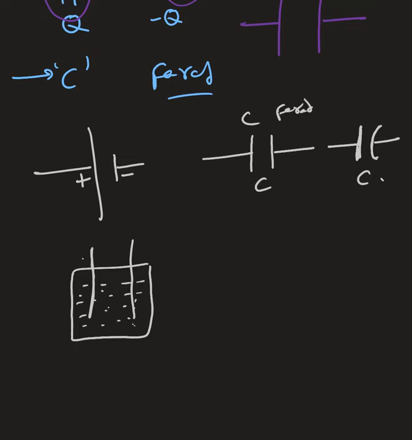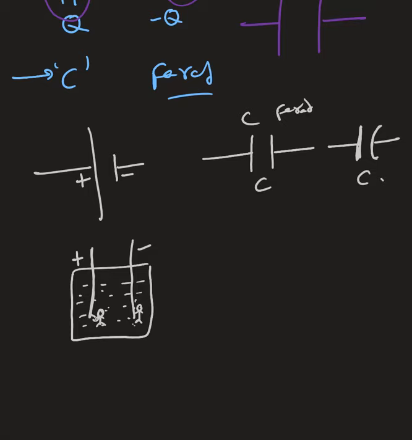One electrode is positively charged, another electrode is negatively charged. How does one become positively charged and the other negatively charged? What happens inside this chemical is that it will take the electron, borrow the electron, or forcefully take the electron and give it to the negative plate.